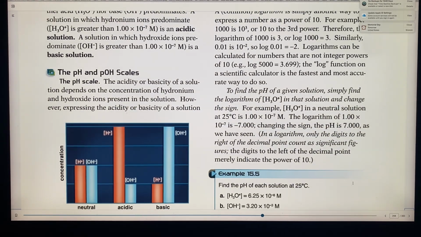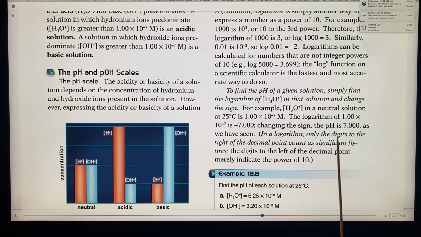To find the pH of a given solution, simply find the logarithm of the hydrogen ion concentration, the hydronium, in that solution, and then change the sign. For example, in a neutral solution, the logarithm of 1 times 10 to the -7 is -7. You change the sign, and the pH is going to be 7.